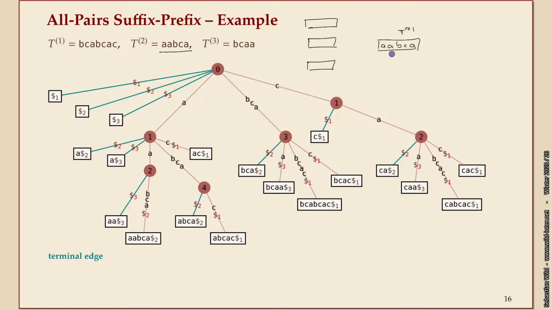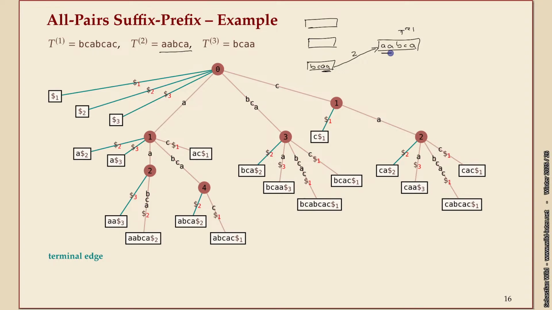And I'm interested in the longest prefix here that I can find as a suffix in the other strings. For example, if we look at BCAA, then this edge should have a length 2 because there's this AA that we can match. And similarly for the others.